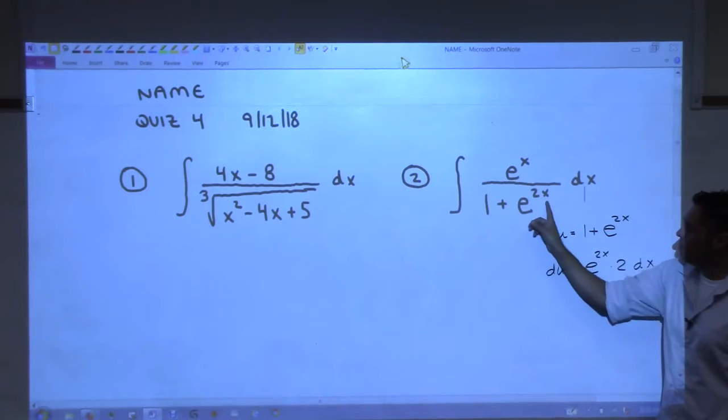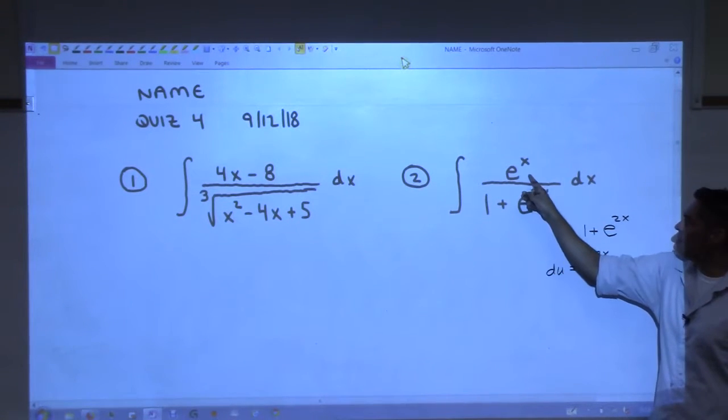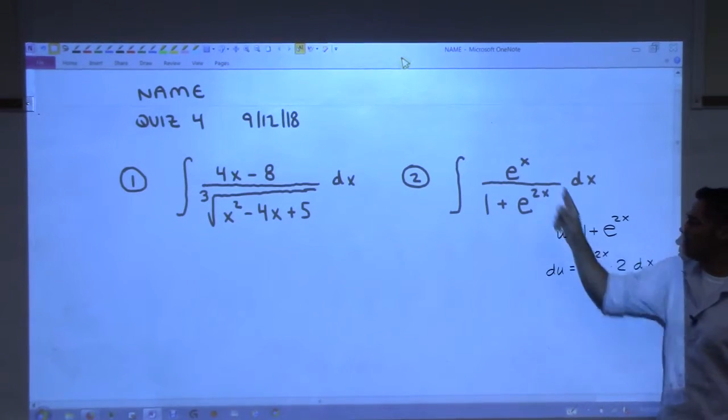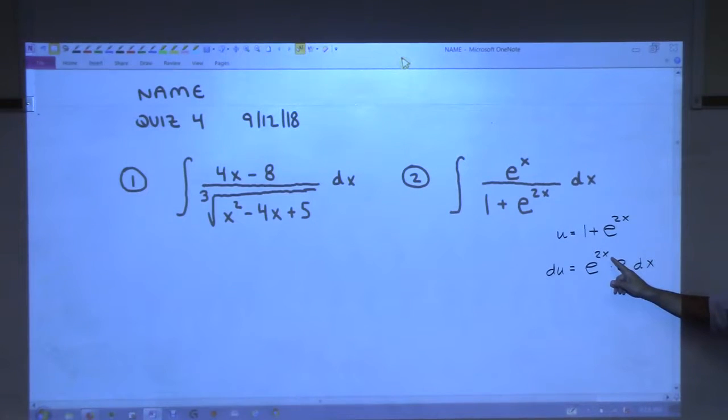If this whole bottom is u, this is not du because it's e to the x, not e to the 2x. So how are you going to make this into that? Yeah, you can't quite do 1 plus e to the x, but you can do something close to that. Do you all see that this is not going to work?